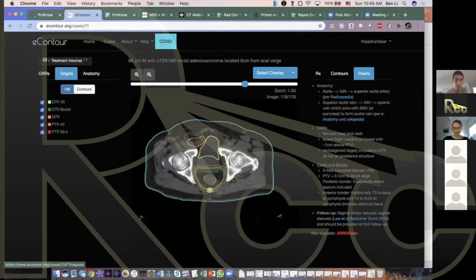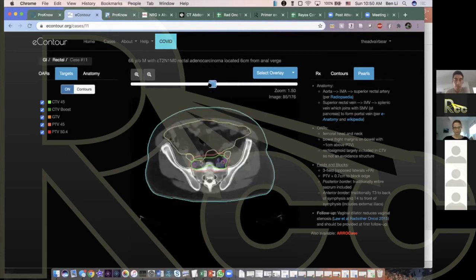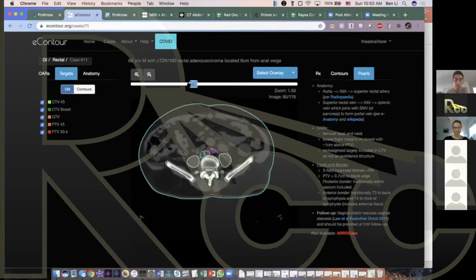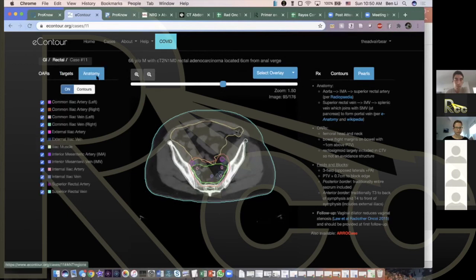And for the targets, you can see which targets they are. So this shows you how to draw the contours for this specific kind of case, and I think it's amazing. They also include some of the normal anatomy, so you can tell what the different vessels are.